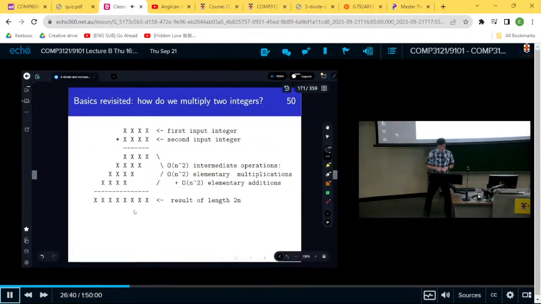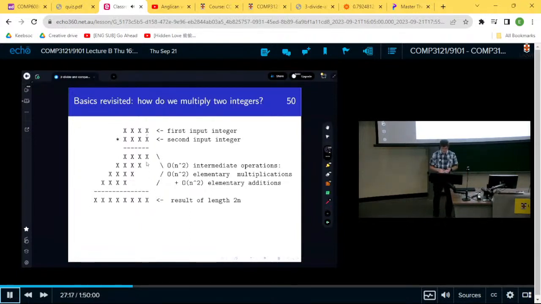Okay. Now what's the natural algorithm to multiply two integers? Well, I guess you all know this algorithm that you learned in primary school, where, well, you multiply this digit with the first number, and then this digit with the first number, etc. And this will consist of order n squared elementary operations.